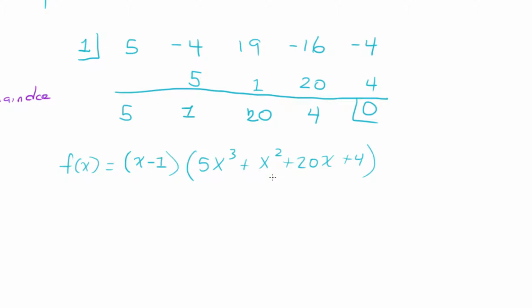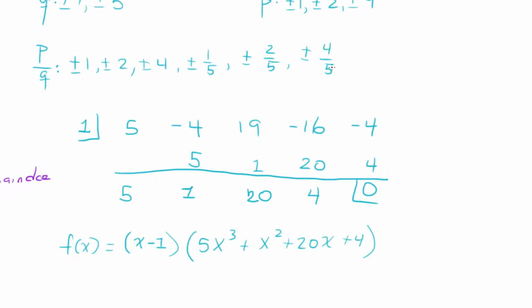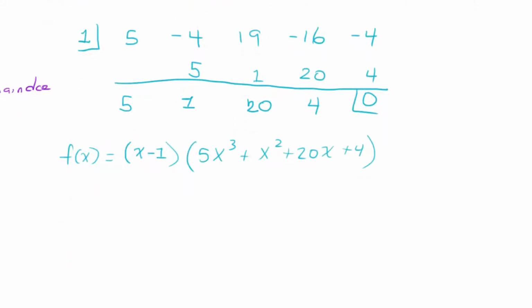That means we can't use any other methods we've learned in class, so we will have to divide this polynomial once again by any of the list that we got from p over q.